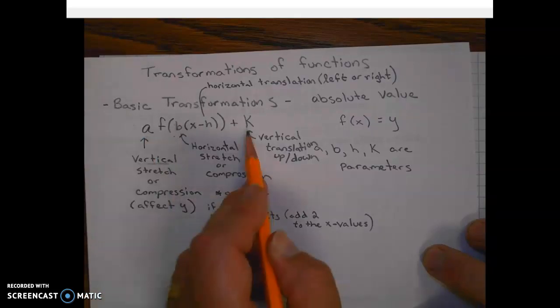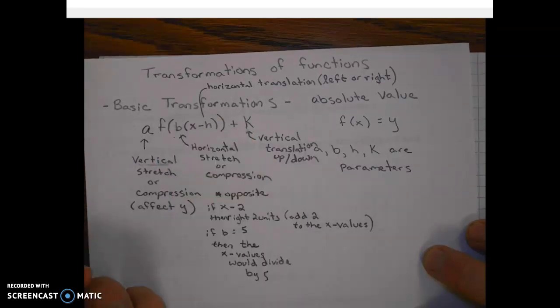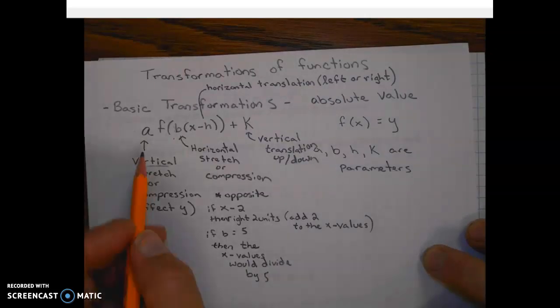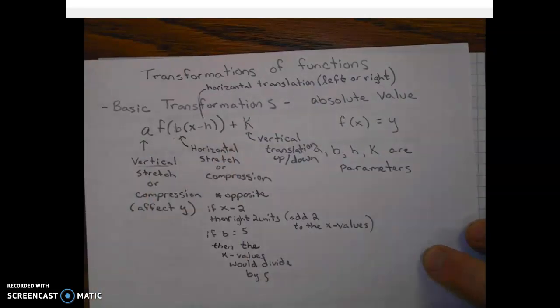If it's plus 3, then we would add 3 to all the y values. So you're going to see what I mean shortly. It's a lot of information I'm throwing at you, but we will be practicing these transformations pretty much in every unit for the rest of the year. So let's move to an example of this.